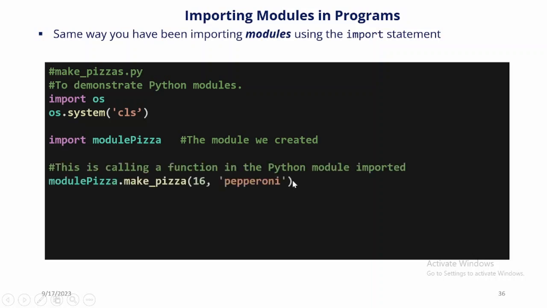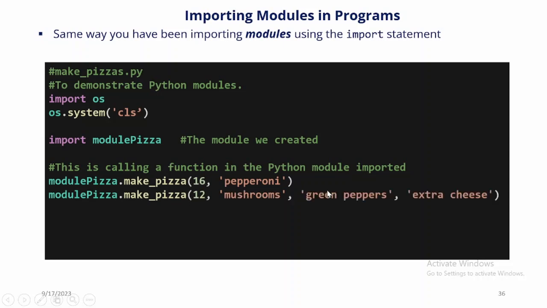We can now call the functions in the module by using the name of the module. We can say module pizza.makePizza. We are calling the makePizza function 16 pepperoni. Module pizza.makePizza 12 mushrooms, green peppers, extra cheese, which we have done before.